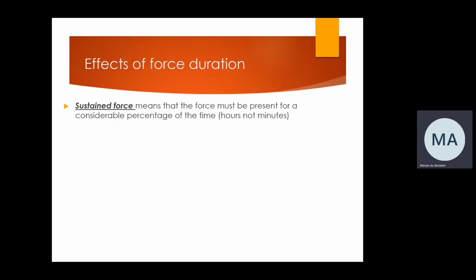Now let's talk about the effects of force duration. When we say sustained force, it means a force that is present for a considerable percentage of time, okay? And we're talking about hours, not minutes.